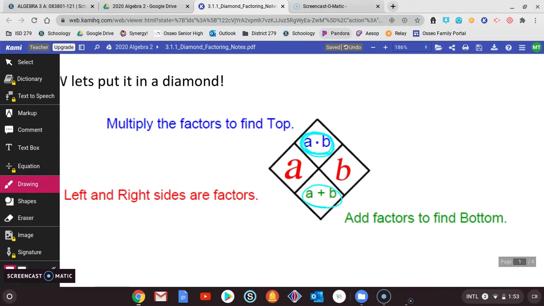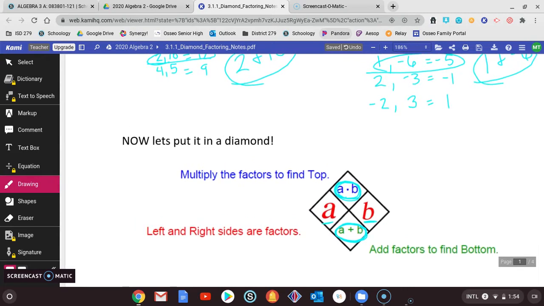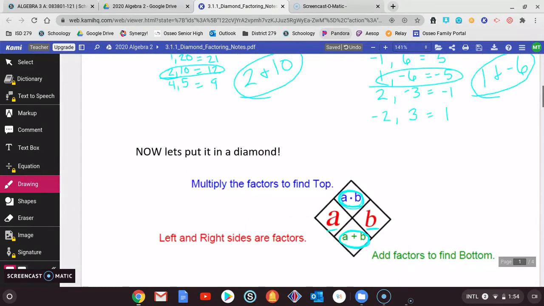The bottom is the number you need to add to. And then these are your two factors that you're looking for. Like the last problem, we were looking for two numbers. So this one would be 1 and negative 6, and you were looking to add to negative 5 and multiply to negative 6. So that's how the diamond would look.